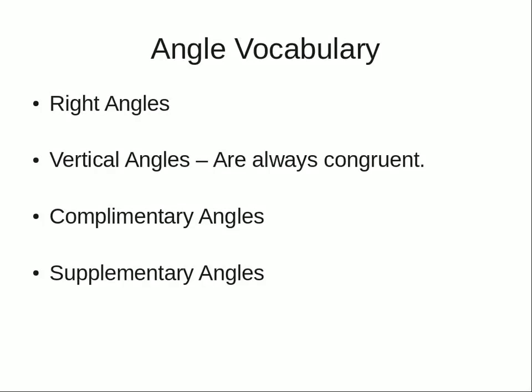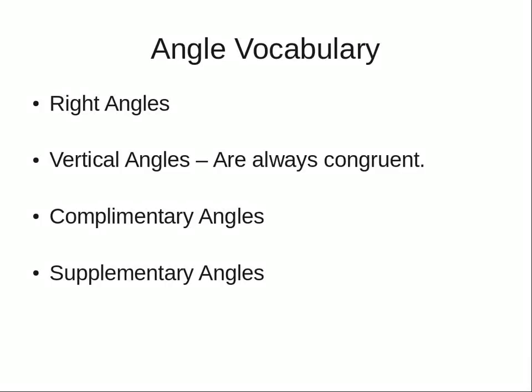Vertical angles, now imagine intersecting lines forming angles. There will be 4 angles and there will be pairs of angles across from each other that aren't next to each other. Those pairs of angles across from each other are referred to as vertical angles. Okay? Vertical angles are always congruent.